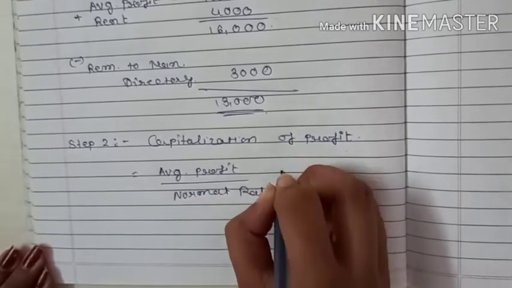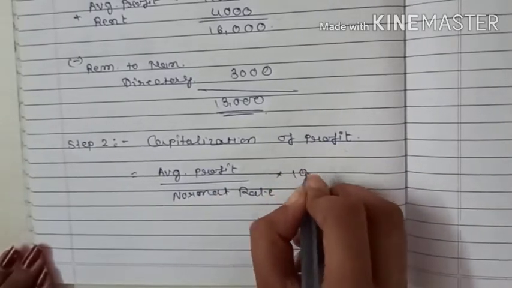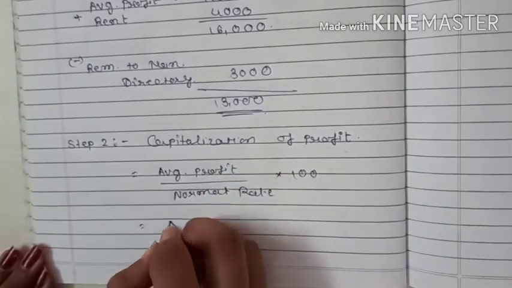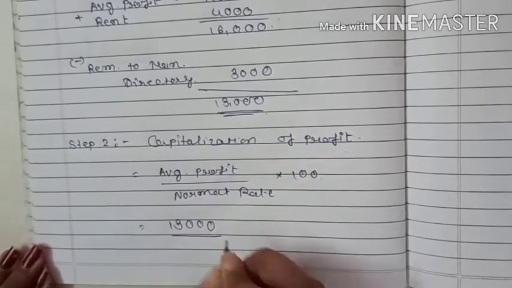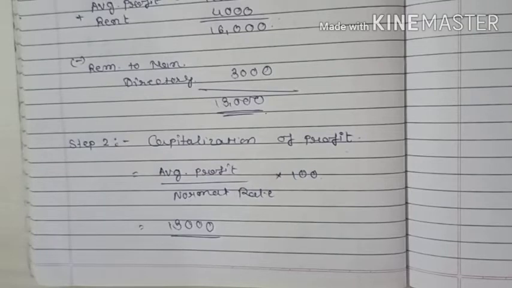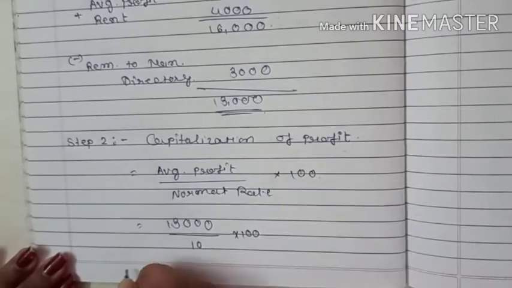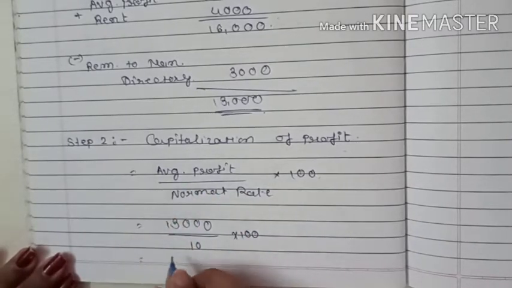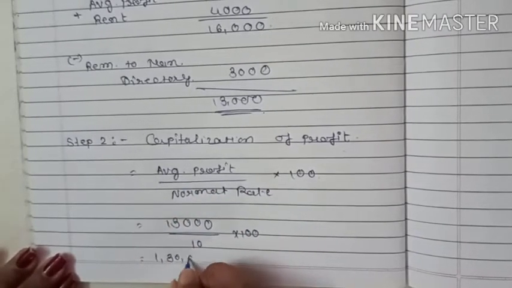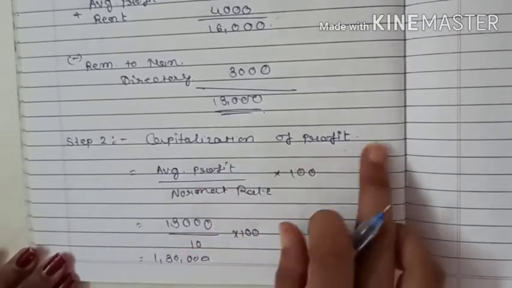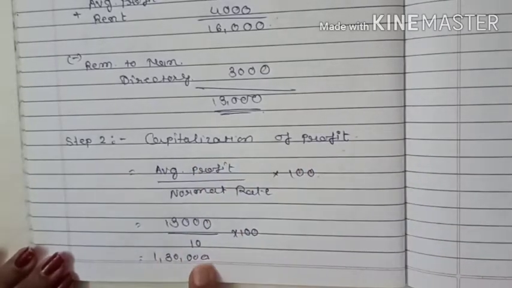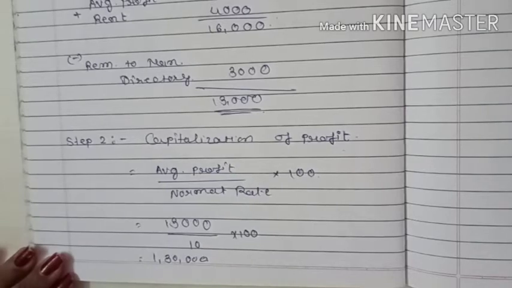Normal rate or expected rate is given. Average profit will be 13,000. The normal or expected rate in the same kind of company was 10%, into 100. When we solve this, we get 1,30,000. The capitalization of profit is 1,30,000, right?